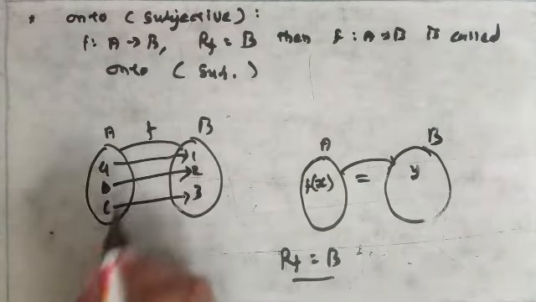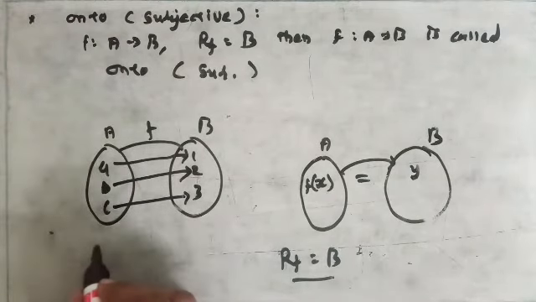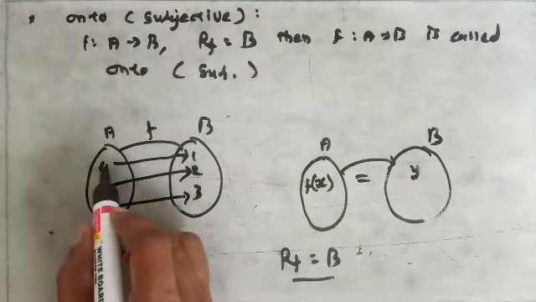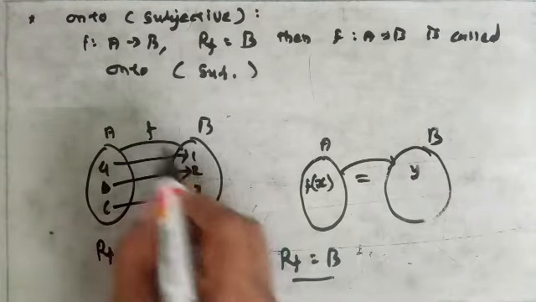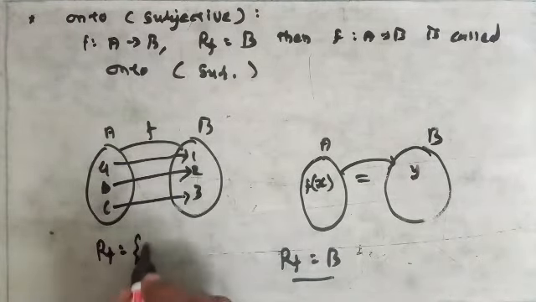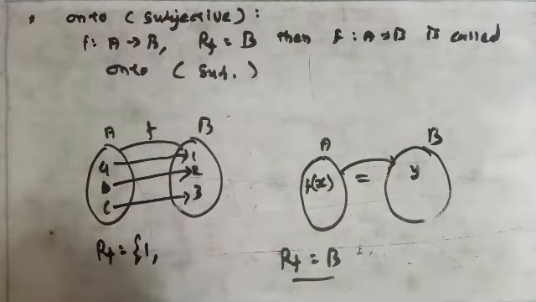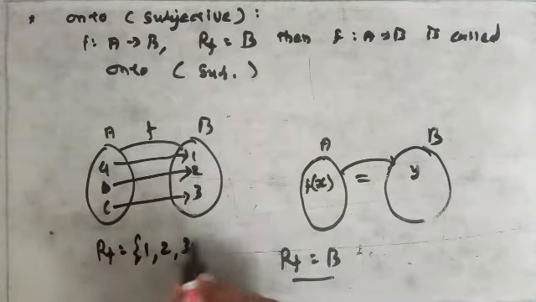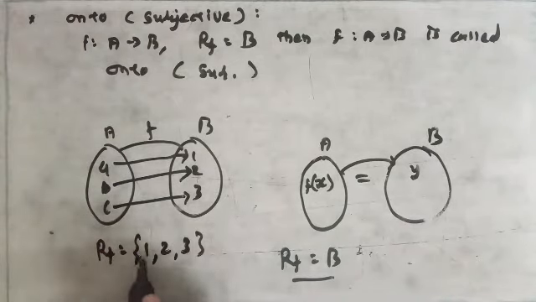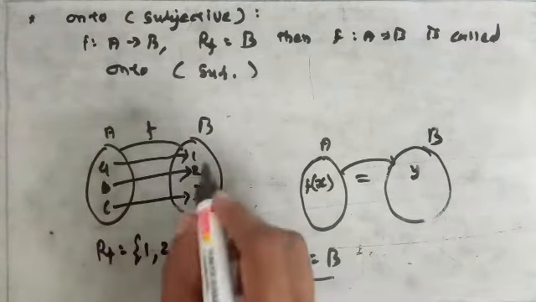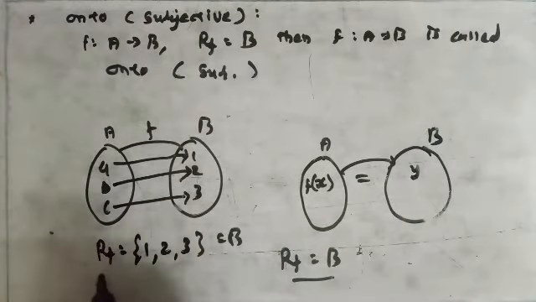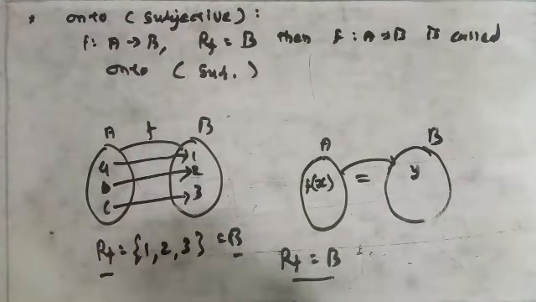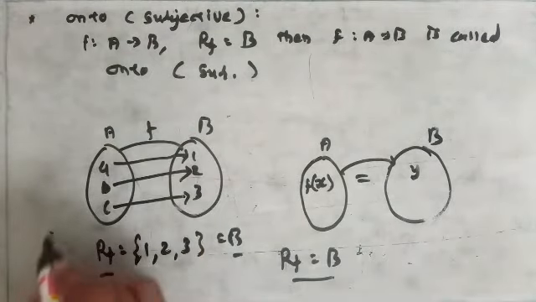Or in second words, here the range of this function f, Rf, is equal to B, since the values are 1, 2, 3, and this set {1, 2, 3} is the set B. So we say that the given function is an onto function.